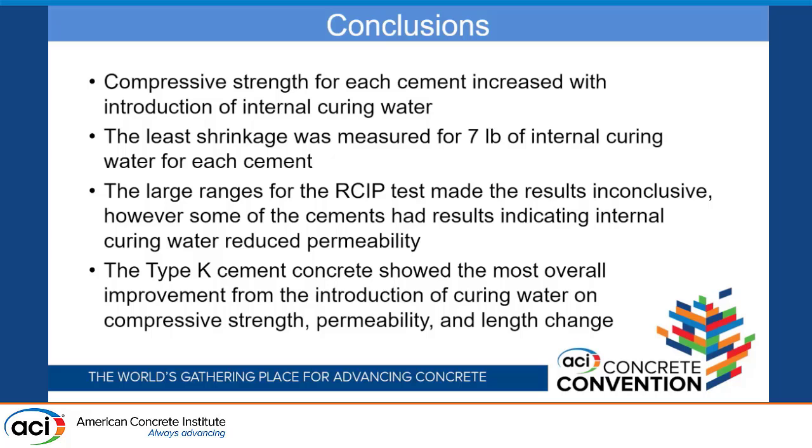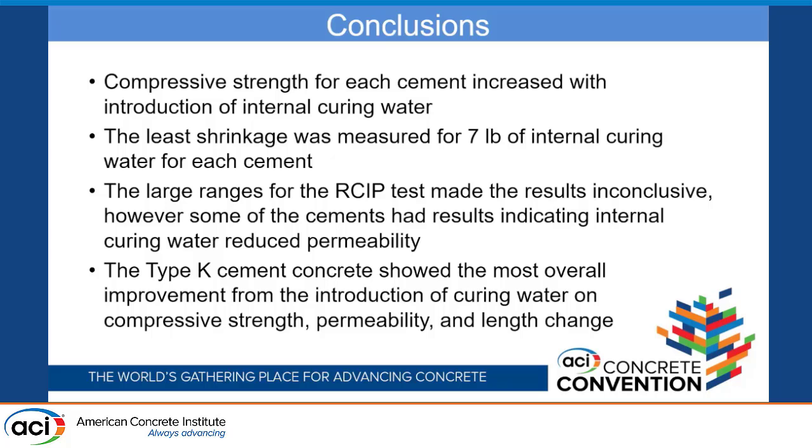And while the large ranges of our RCIP tests made the results somewhat inconclusive, we did see some changes that indicated the potential for internal curing water reducing that permeability. And then our type K cement showed the most overall improvement in both compressive strength and length change, and also the best results relative to permeability.